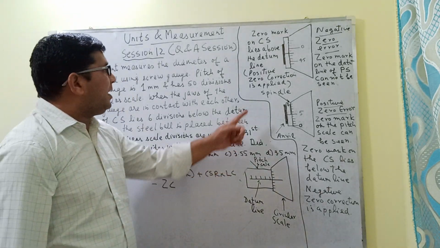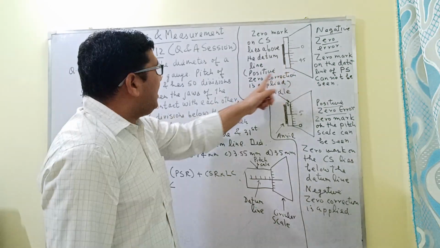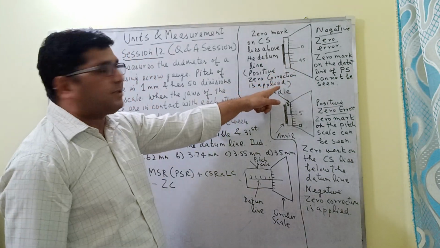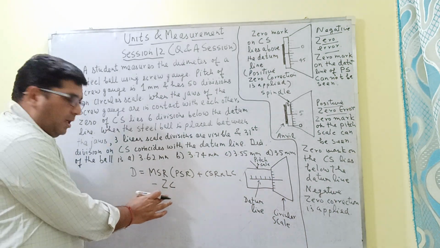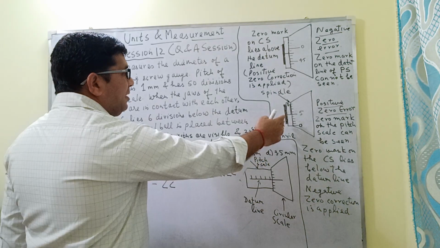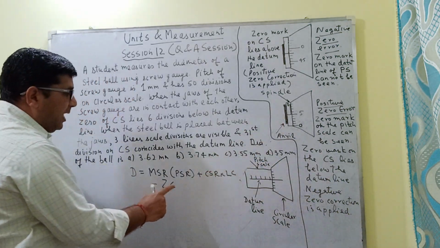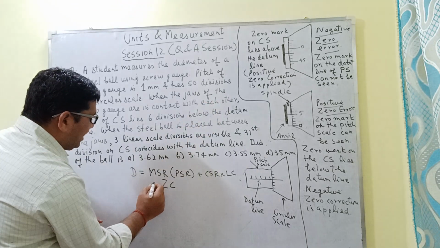So this is the case of a negative zero error, and in this case the positive zero correction is applied. That is, from the dimensions which we have measured of that particular object, we will be adding the zero correction.